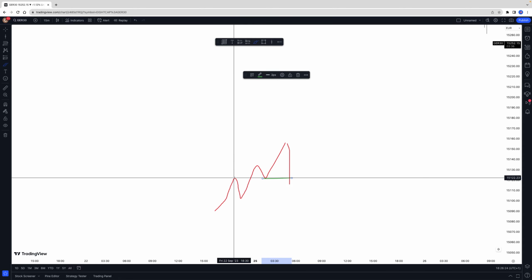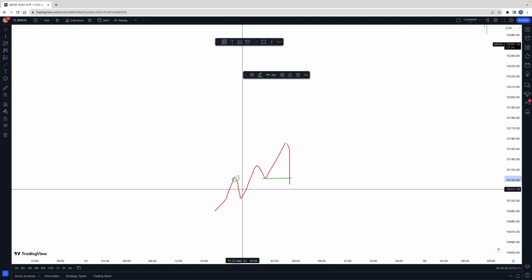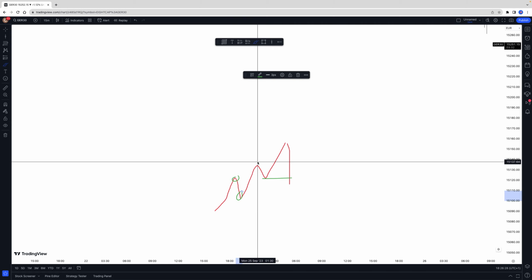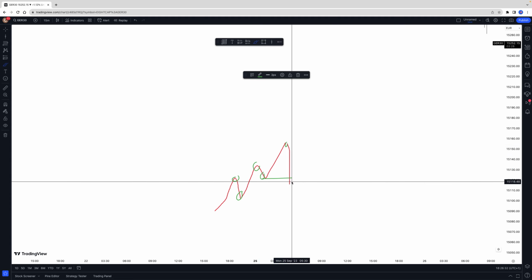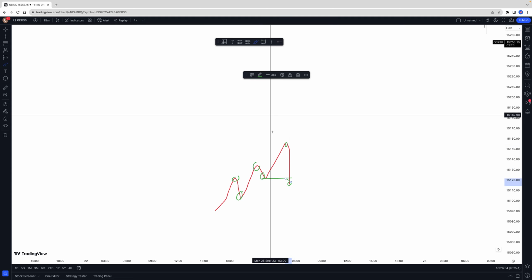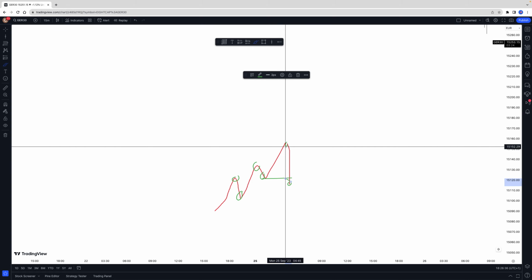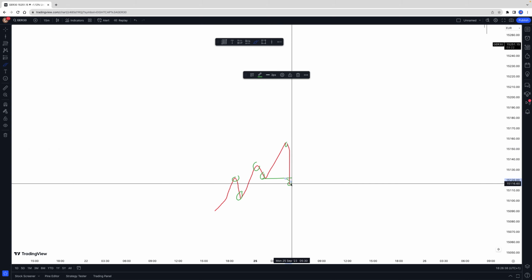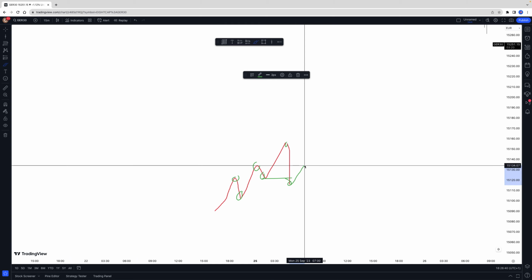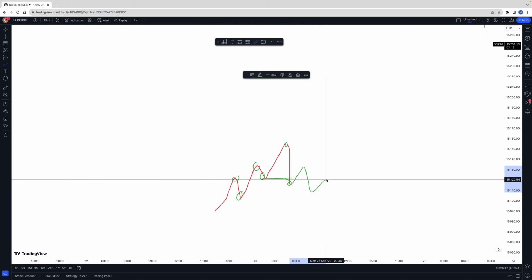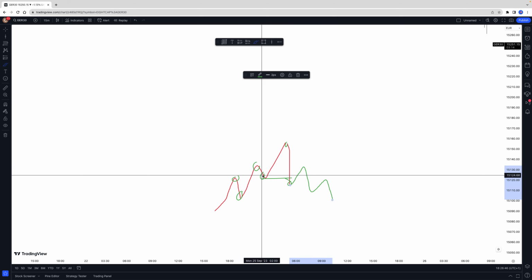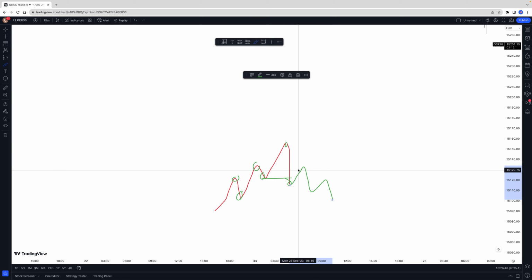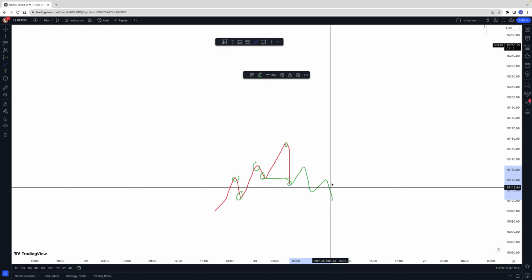So remember how here we had higher highs, higher lows, higher high, higher low, higher high, and then now a lower low. That indicates that now that we brought structure to the downside, we may continue a bearish trend: lower low, lower high, lower low, lower high, lower low.